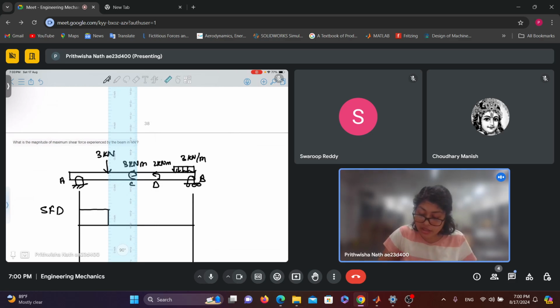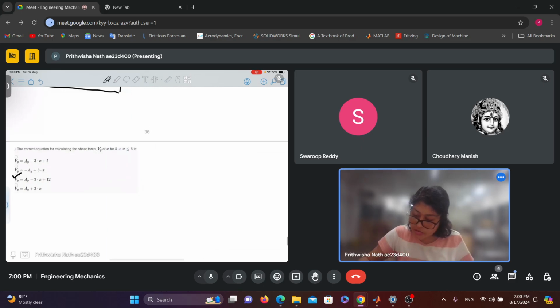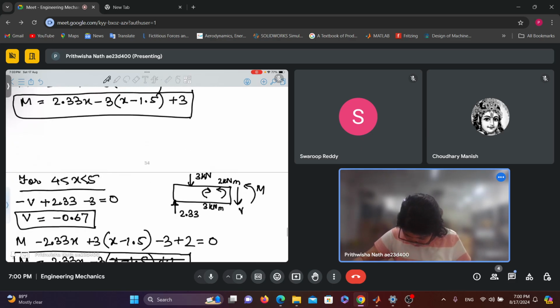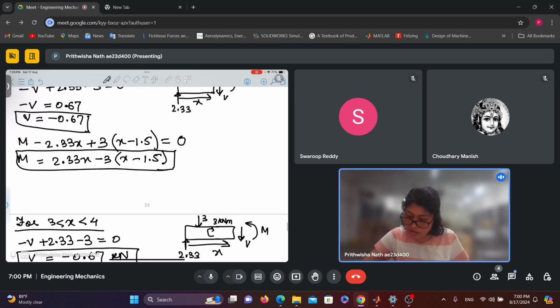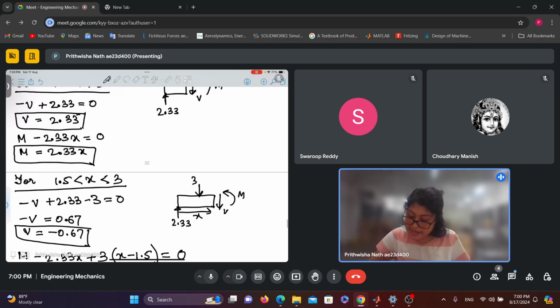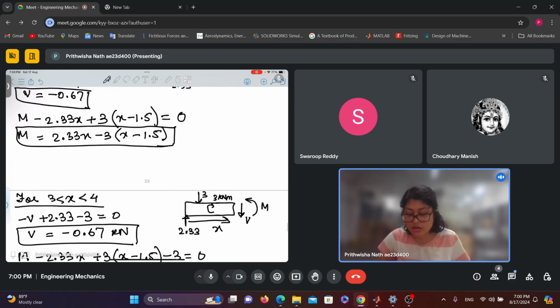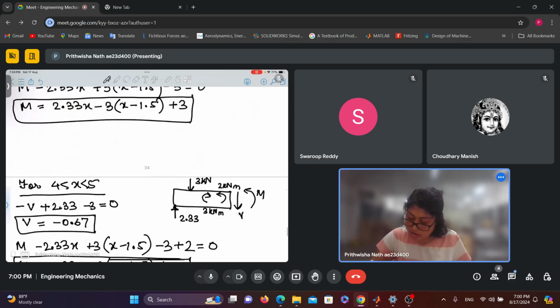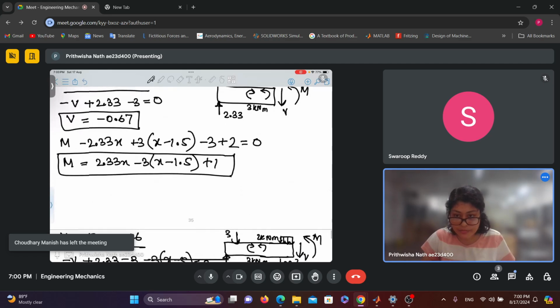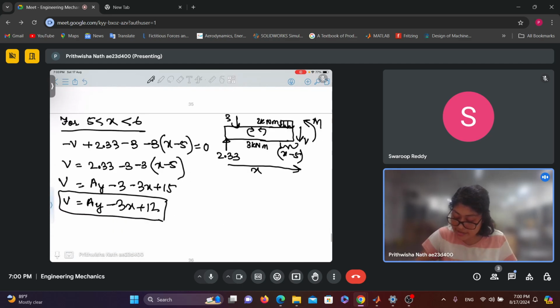Now up till 5 meter, it's not changing. See, it is remaining constant. Minus 0.67 from 1.5 to 3. 3 to 4 is also minus 0.67. 4 to 5 is also minus 0.67, right?